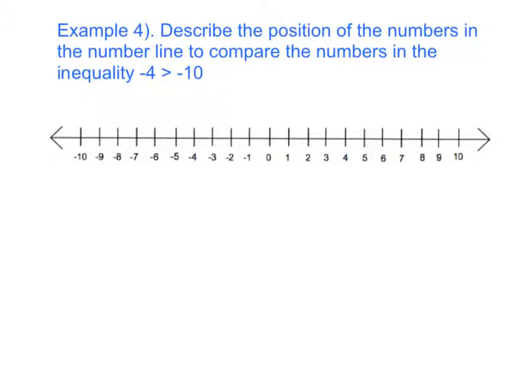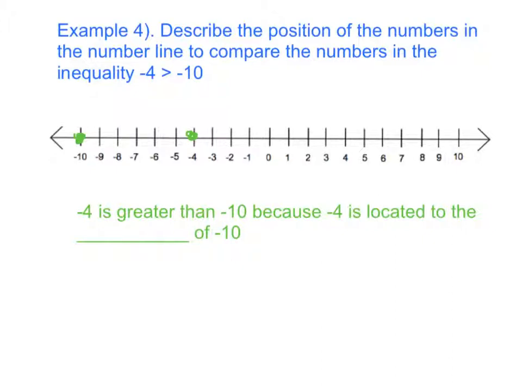So I'm going to put them on the number line. That way we know what we're describing here. So I'm going to plot -4, that would be right here. And I'll plot -10, that would be right here. So we are describing their position on the number line to explain why -4 is greater than -10.